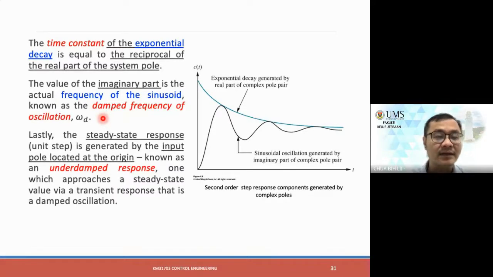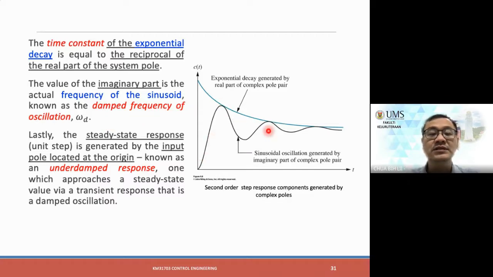Because of that characteristic of modeling itself, you would expect something similar in terms of the response. And the keywords that we will use later on will be similar too, like time constant, damping ratio, and so on, and also the damped frequency, omega d.